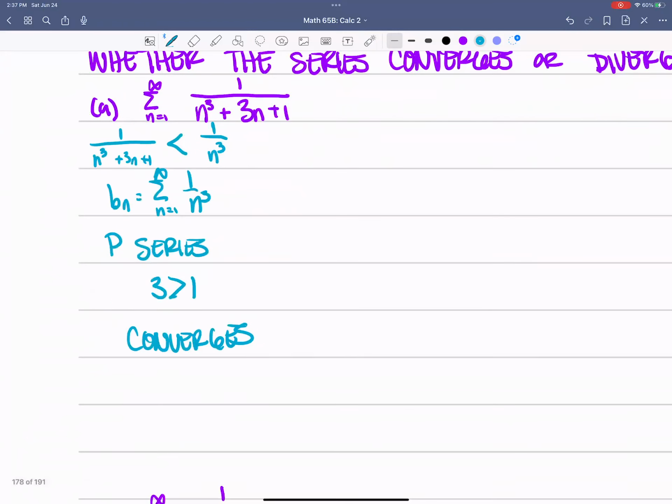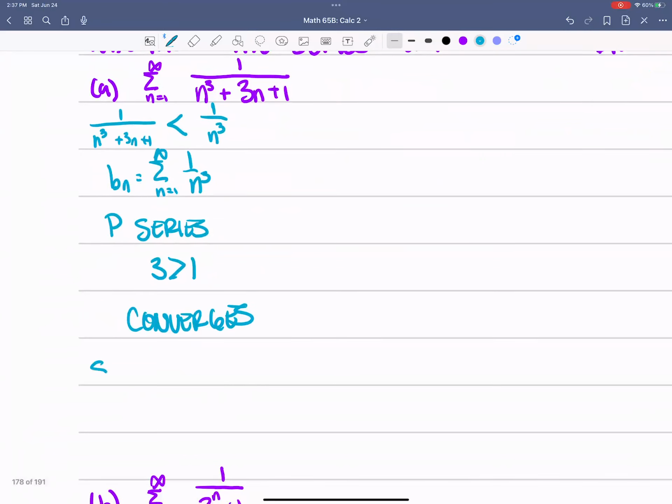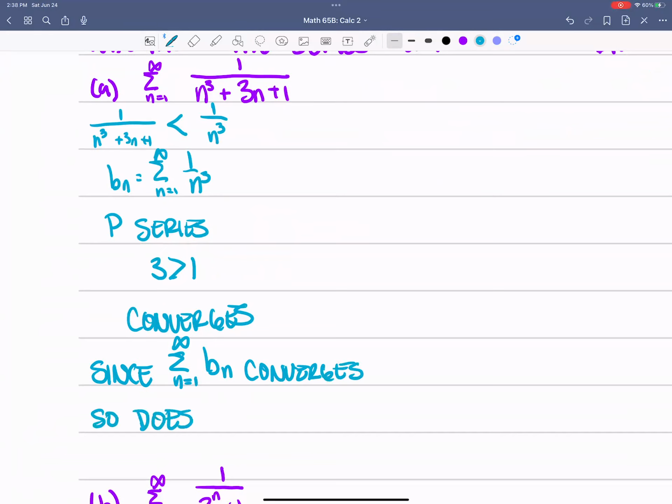So now with the comparison test, since the sum as n goes from 1 to infinity of b sub n converges, so does the sum of n going from 1 to infinity of a sub n.